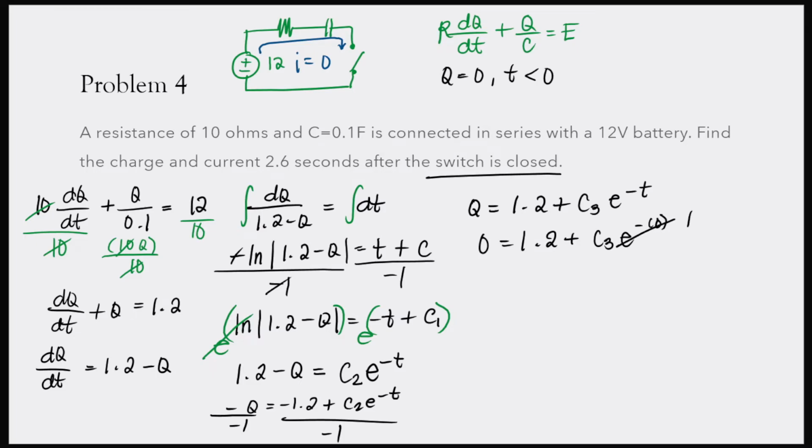This will be equal to 1. So, therefore, our C3 is equal to negative 1.2. Okay, so we have Q of t is equal to 1.2 times 1, and I'll factor out the 1.2, minus e raised to negative t. This is our particular solution for the circuit.